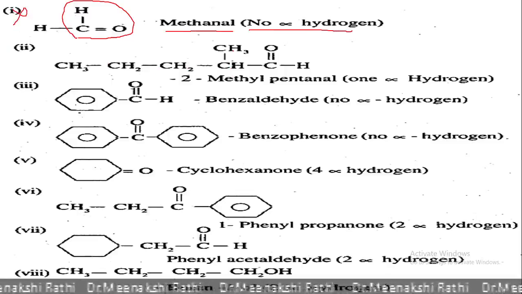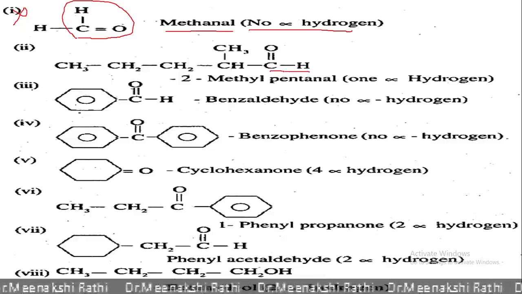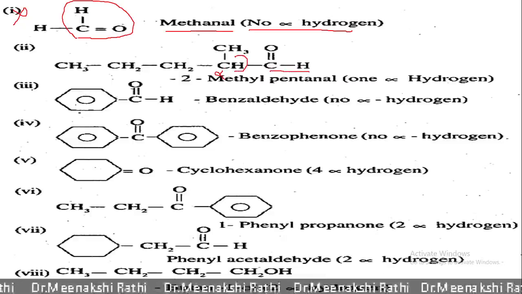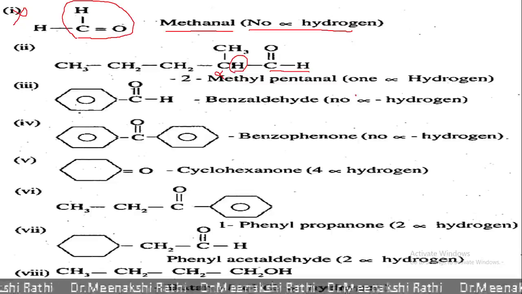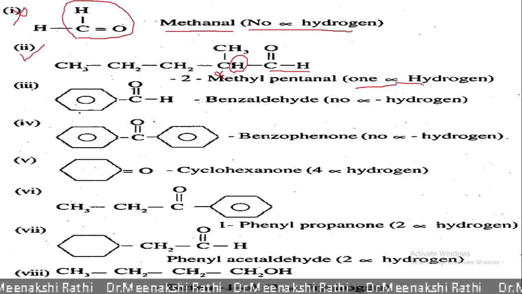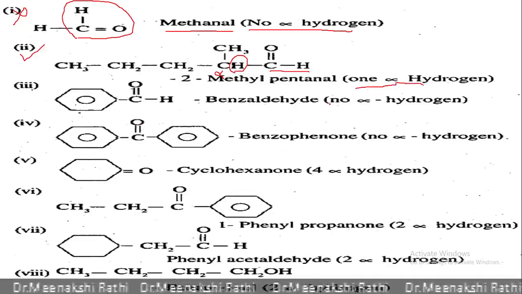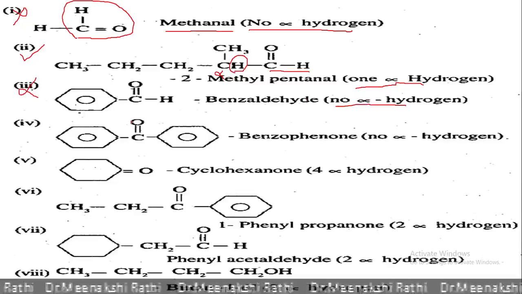Next is 2-methylpentanal. This is the functional group. This is the alpha carbon. To this alpha carbon, 1 hydrogen atom is attached. As it has 1 alpha hydrogen atom, it can undergo aldol condensation. Benzaldehyde, we already discussed. No alpha hydrogen atom, so no aldol condensation.